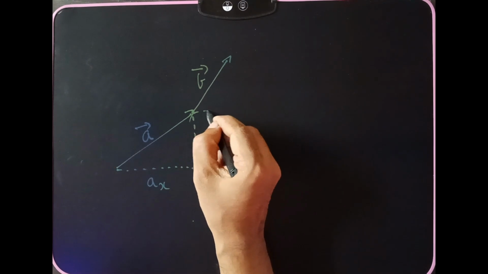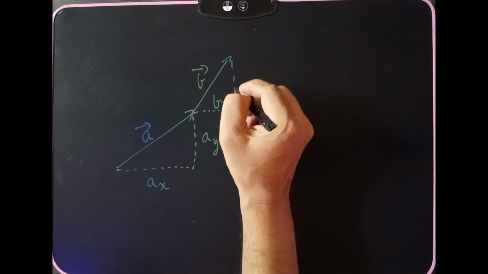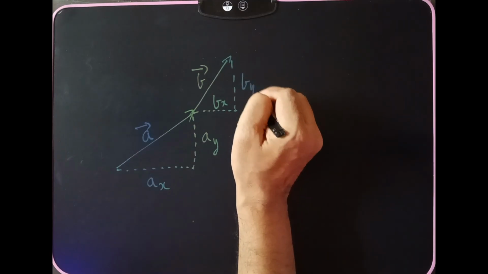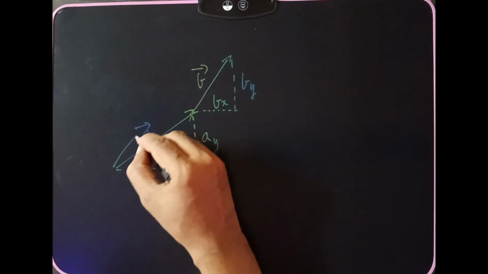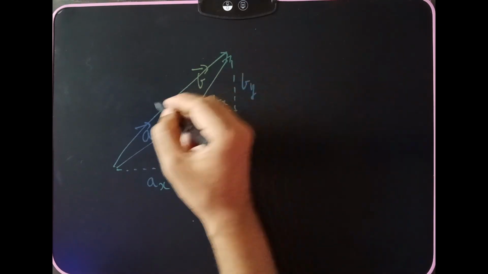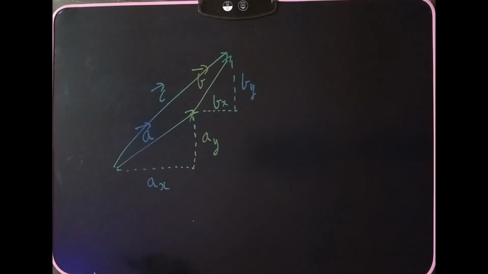Now for B vector, this component will be Bx and this component will be By. So we can say that this resultant vector is C. C also will have two components, right? One along x and one along y.